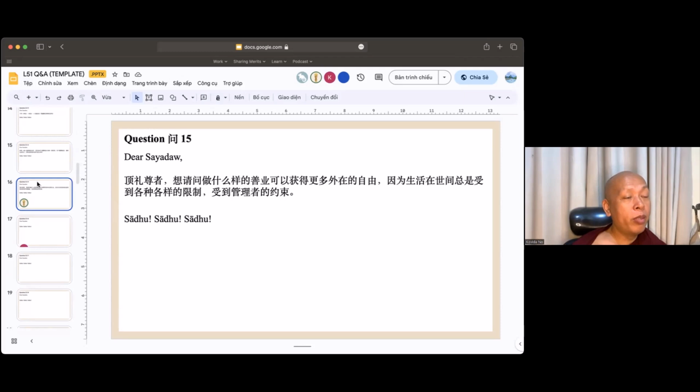Vandami Sayadaw, what type of kusala karma can he do to obtain more freedom externally?